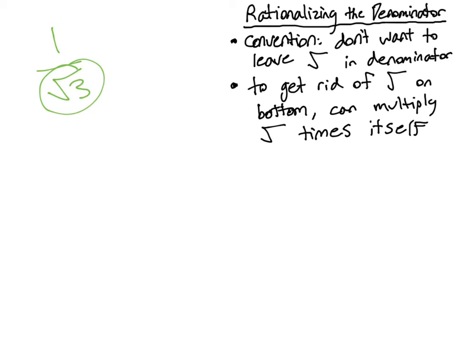Now, this is less important nowadays because we can use calculators to simplify expressions, but it is still useful to be able to rationalize a denominator because it's going to make a lot of things that we'll deal with in trigonometry easier.